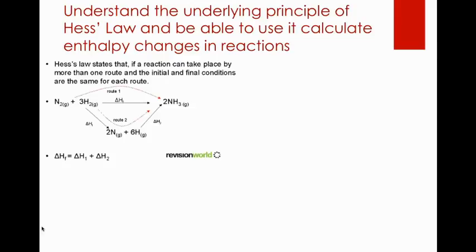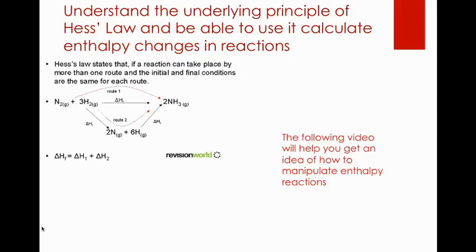Basically, what Hess's law allows us to do is make the study of delta H's an algebraic comparison. We'll do a number of examples of these in our class. The following video will help you get an idea of how to manipulate enthalpy reactions.